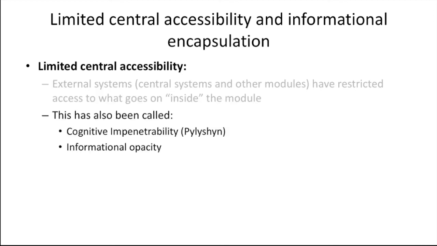This characteristic has gone under other names in the literature, such as cognitive impenetrability, that's the name given to it by Zenon Pylyshyn, and informational opacity. The other side of the coin is called informational encapsulation, and it refers to the fact that modules can only access their proprietary database, so to speak.